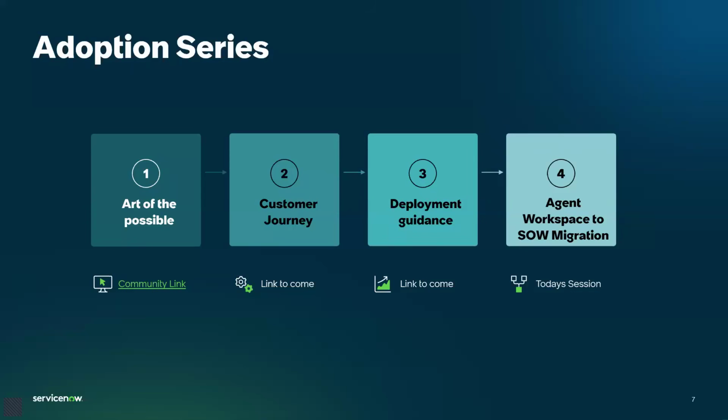We reviewed an implementation plan, and we gave a live demo of how to configure the SLW landing page. Now, on the third session, I gave a demo of how to configure SOW using the available resources in the admin center for SOW. And now on today's final session, we will end with how to migrate from Agent Workspace to SOW.